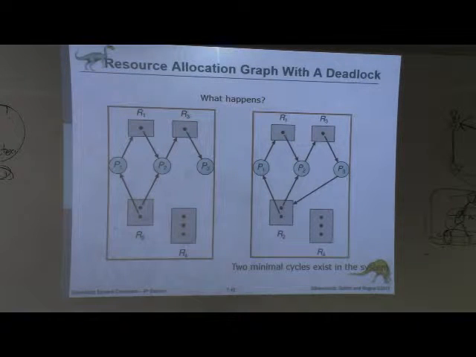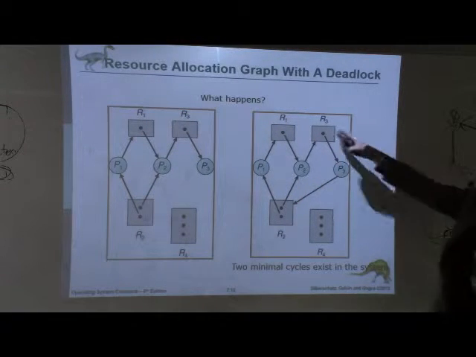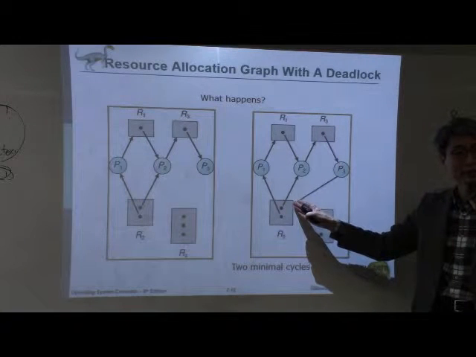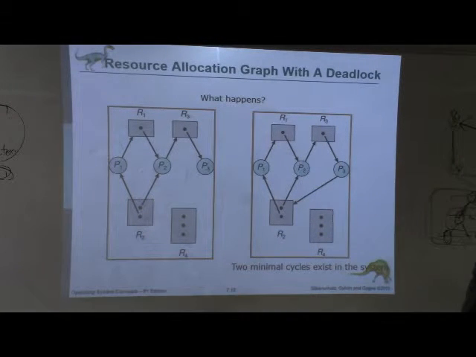So this is not the problem. What about this one? P3 is requesting. It's a hold and wait, right? Is there any way to terminate any of these processes? No, unless we freeze something.